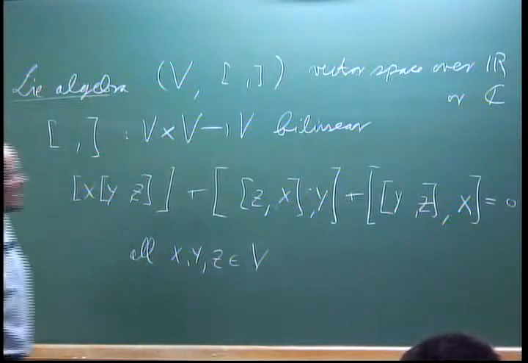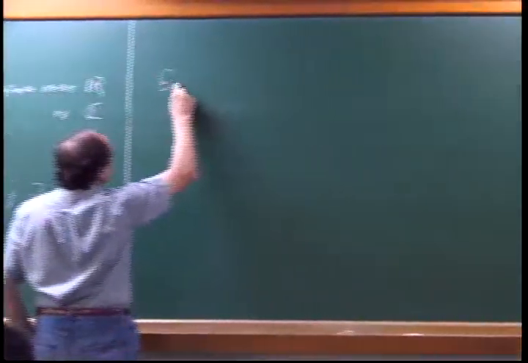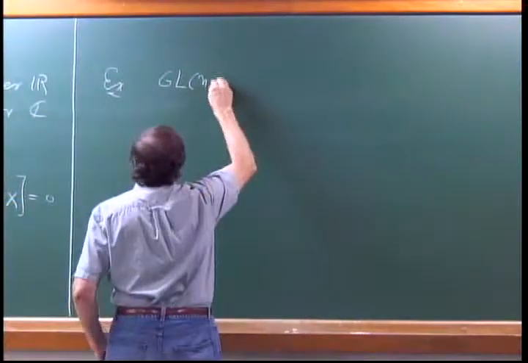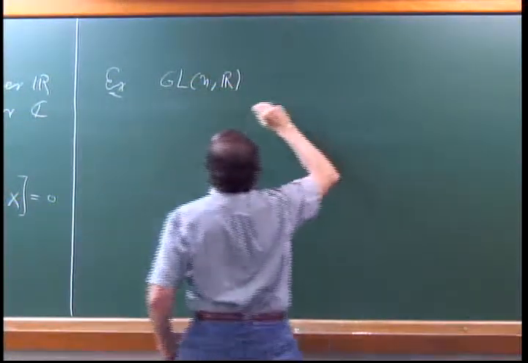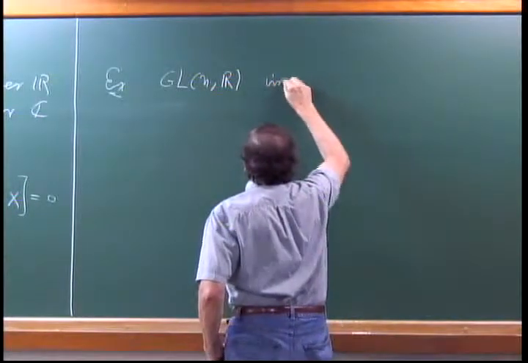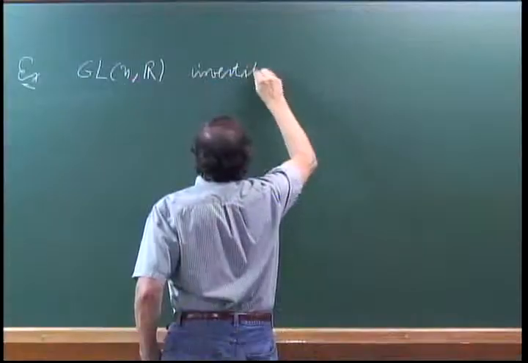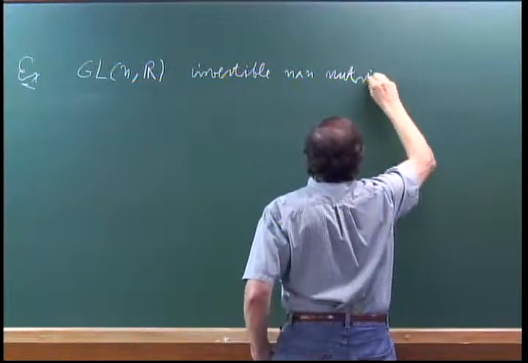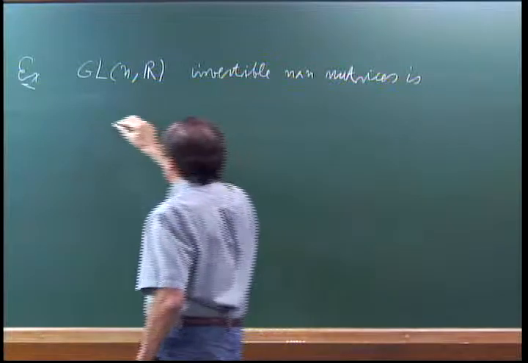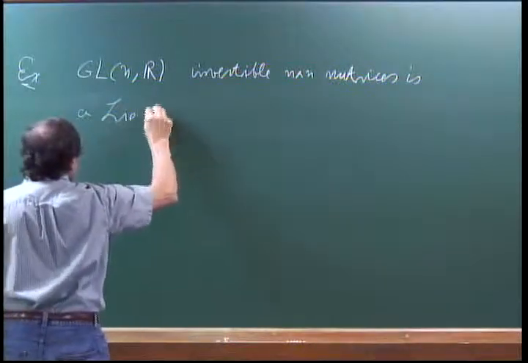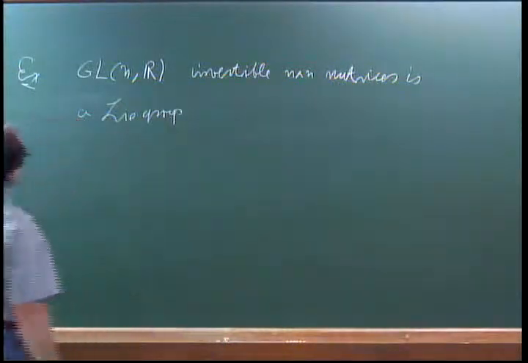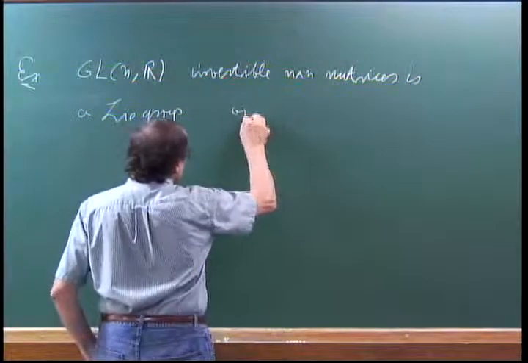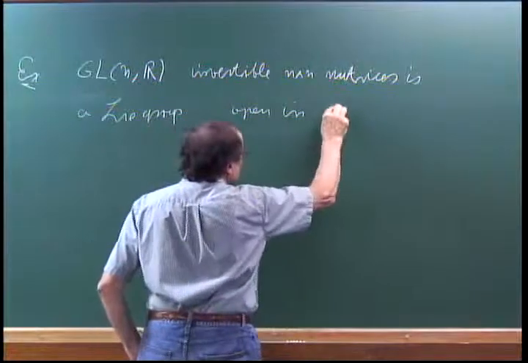Simplest examples of a Lie group and Lie algebra. I think I mentioned this already last time, GL(n,R), invertible n by n matrices, is a Lie group. It's open inside a vector space, so it's open in n by n matrices.